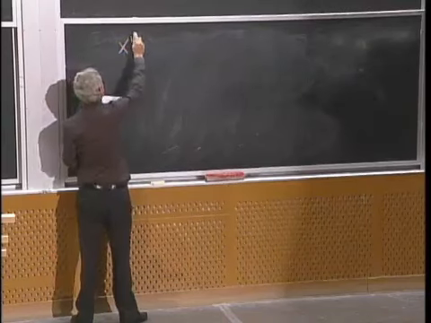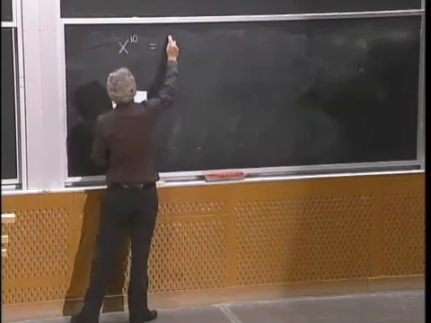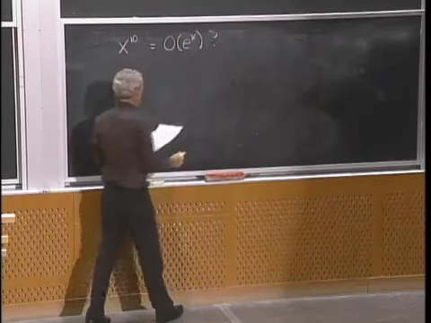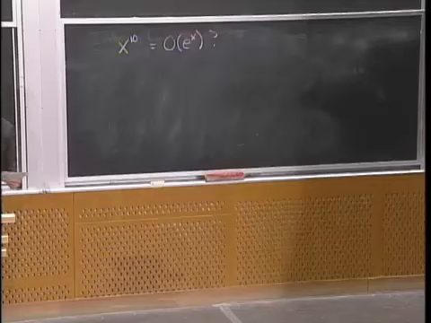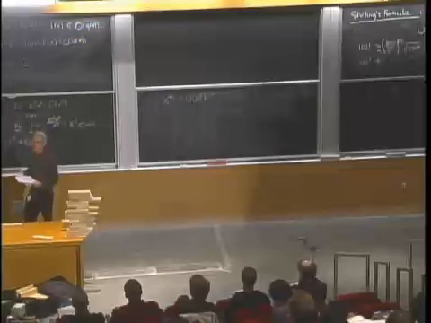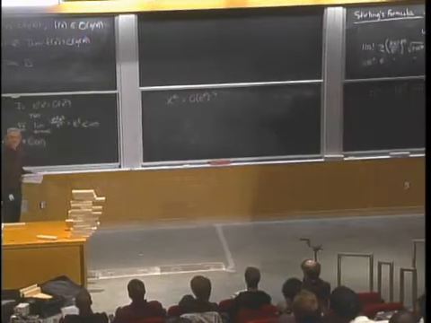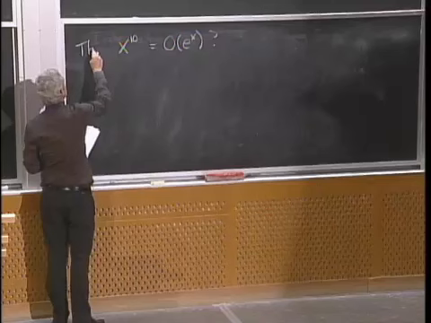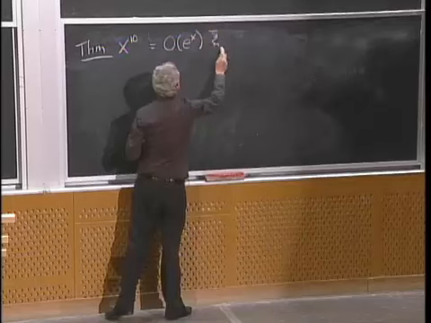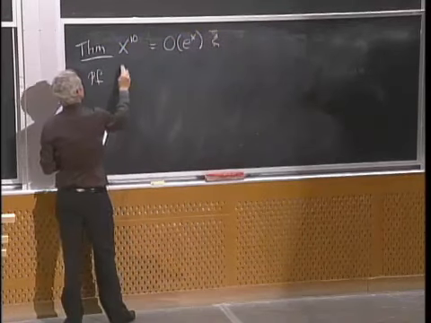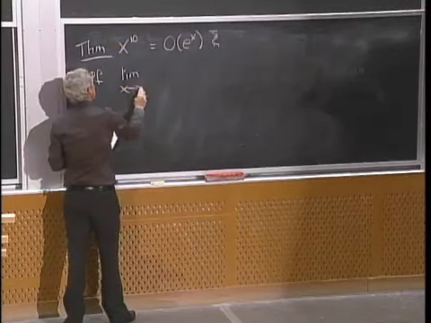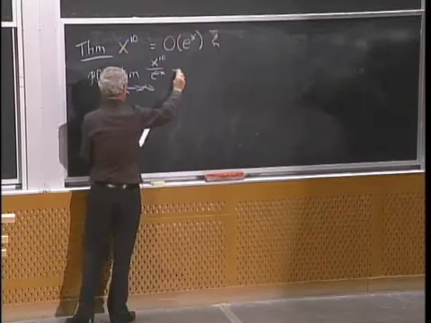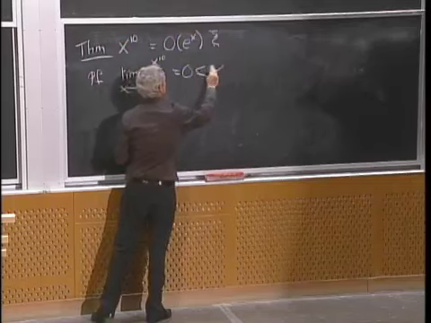Is x to the 10th equal O of e to the x? Yeah, it is. This is a theorem. Proof. Limit as x goes to infinity, x to the 10 over e to the x. That equals 0, which is certainly less than infinity.